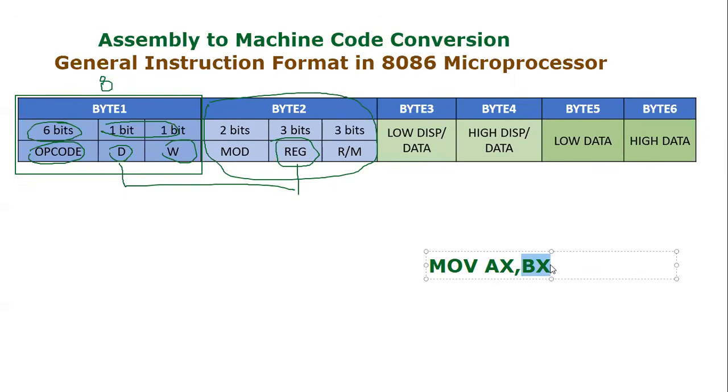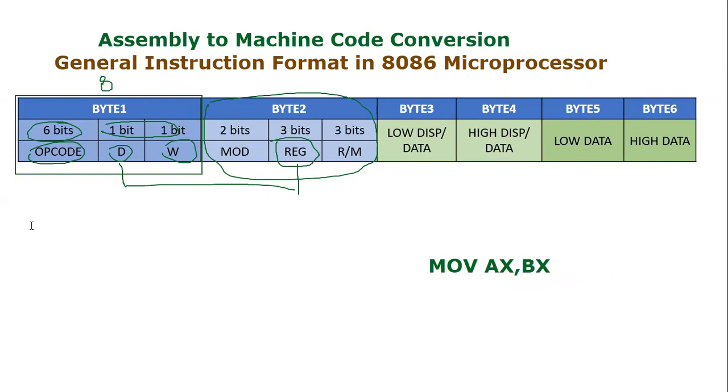So the D field actually refers to one of the registers. In this given example, both of them are registers, so we have to take one register, right? So this register field is talking about one of the registers, either BX or AX. It depends. For example, if I'm considering the register BX, then BX is the source field, right? So D will become 0. That is a point to understand.